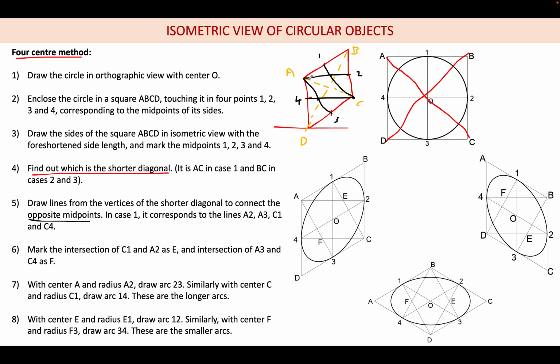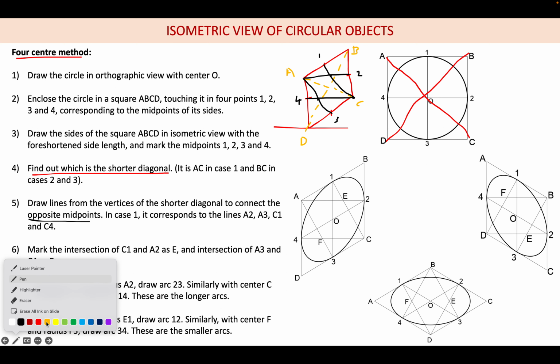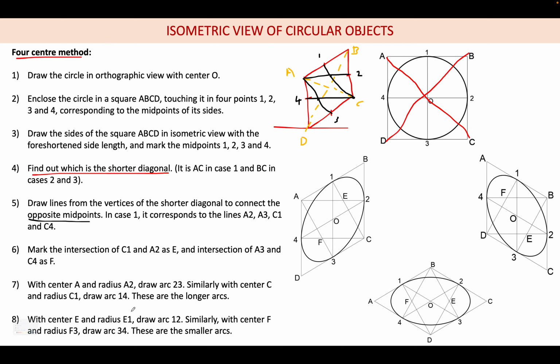Before that, we have to draw two arcs. I will use this color. With A as center and A3 as radius, we draw an arc connecting 2 and 3. Similarly, with C as center and C4 as radius, draw an arc connecting 4 and 1.